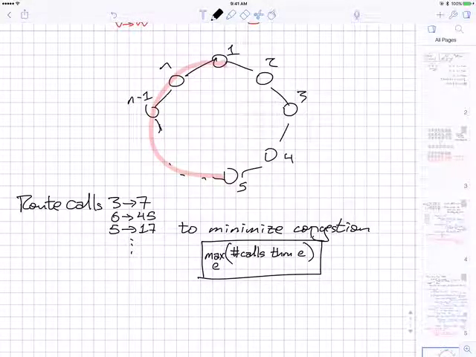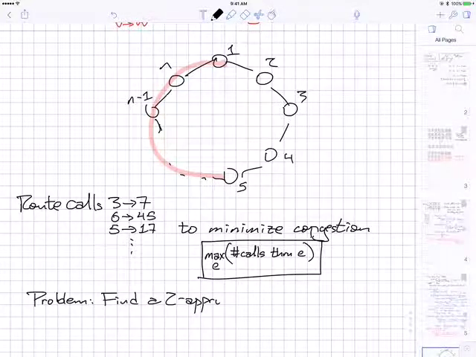Okay. And so the problem asks: find a two approximation algorithm for this problem.